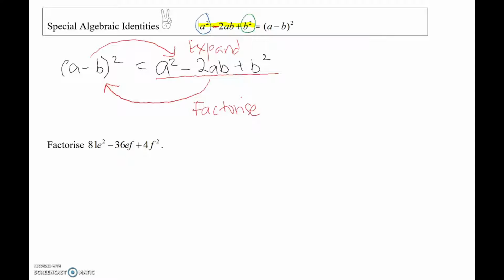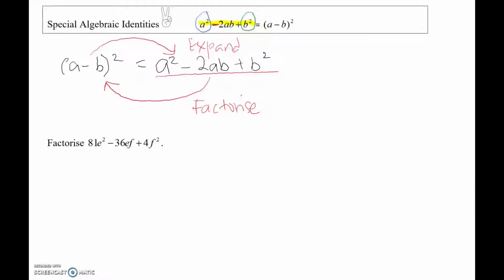So in order to use the second algebraic identity and to sub in the values of a and b, we need to square root the perfect squares. Let us take a look at an example on how to factorize 81e squared minus 36ef plus 4f squared.